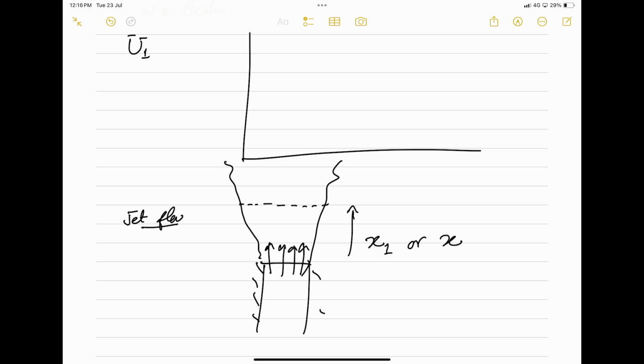The downstream direction as the flow goes is what we call as the x1 or x direction, and u1 which I am going to write is the component of velocity along the x1 direction.